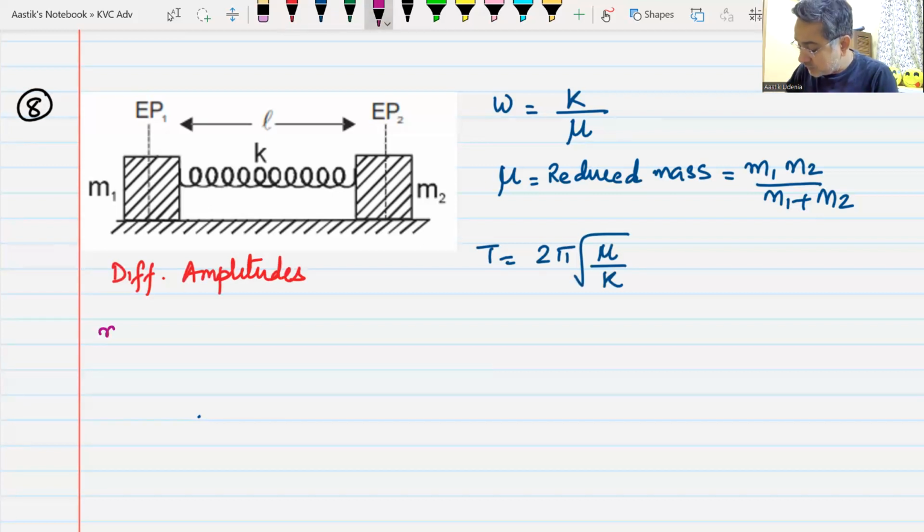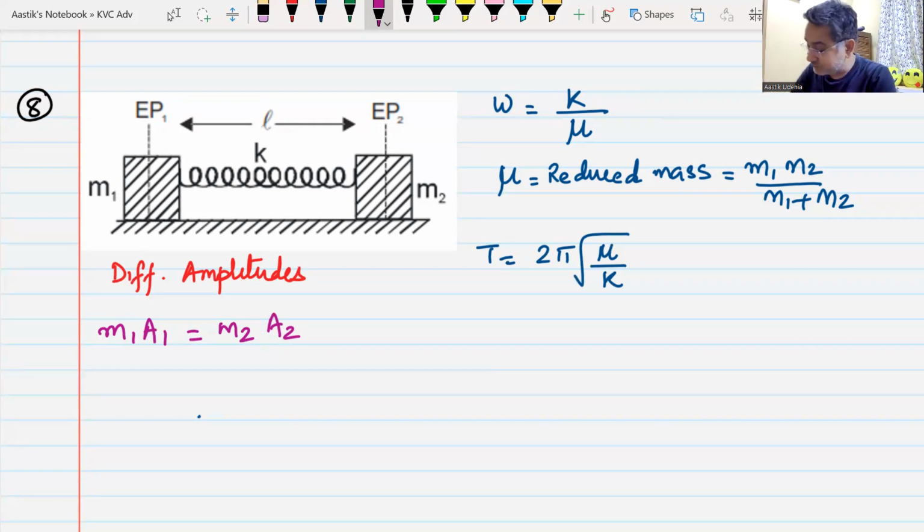And what? M1 into A1 will be equal to M2 into A2. Do you understand the meaning of M1, A1, M2, A2? M1 is the first mass. A1 is the amplitude of the first mass. M2 is the second mass. A2 is the amplitude of the second mass.